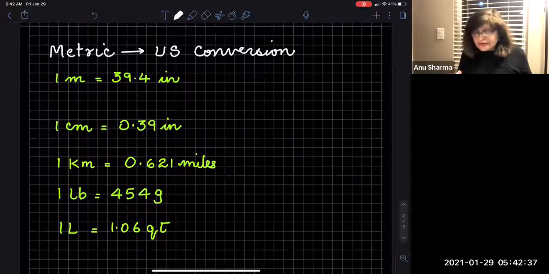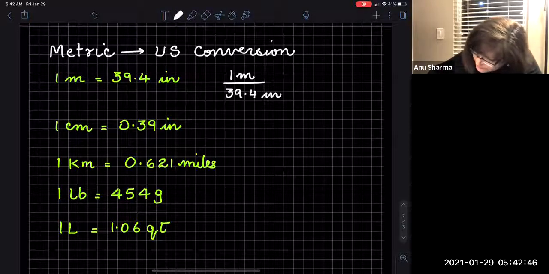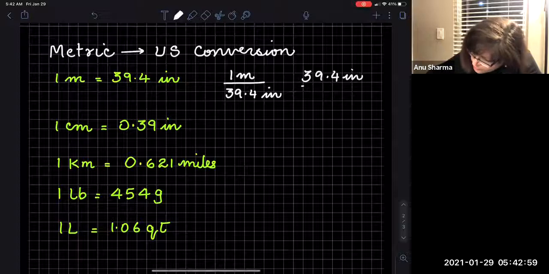Similarly, the two conversion factors in this case are 1 meter over 39.4 inches, and 39.4 inches over 1 meter.